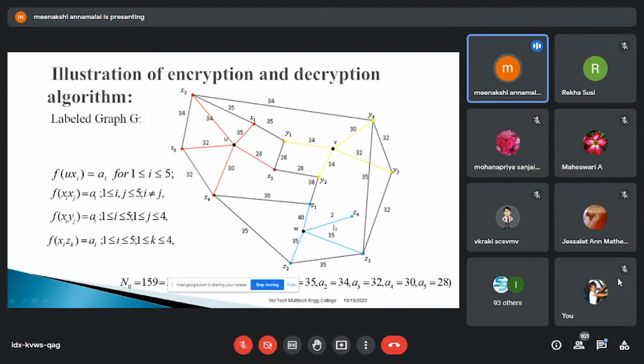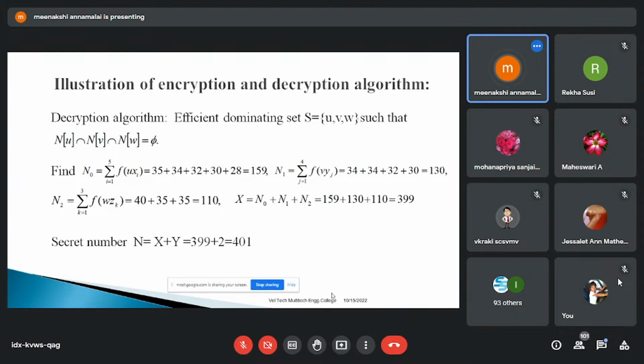Now we enter into the decryption algorithm. So how to identify the values? In the network, first you analyze which are going to be the members of the efficient dominating set.